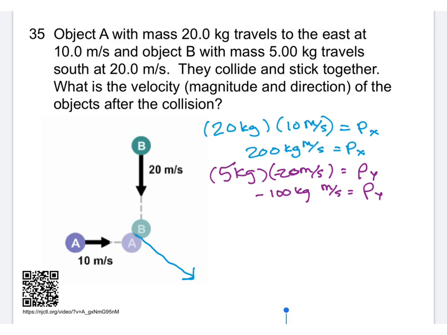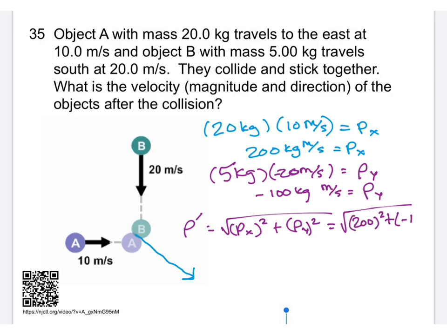So our final momentum is going to be the square root of initial momentum in x squared plus initial momentum in y squared, because that momentum has to be conserved. So we're going to have the square root of 200 squared plus negative 100 squared.